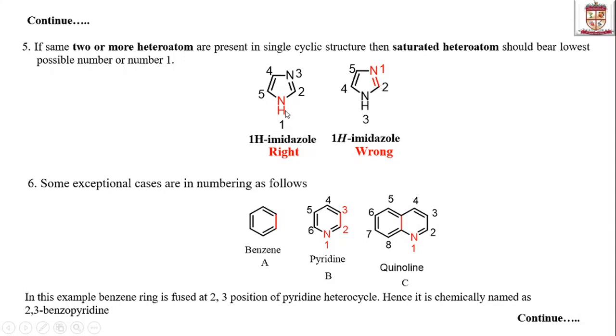In both imidazole cases, this nitrogen carries two bonds attached to the neighboring carbons and one hydrogen, so it is saturated, and this other one is the unsaturated, so the saturated one carries the lowest possible number.